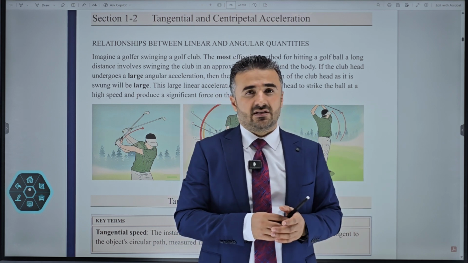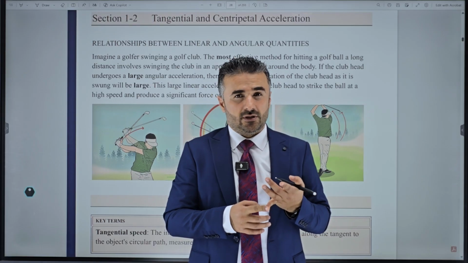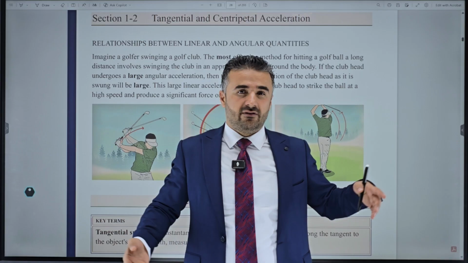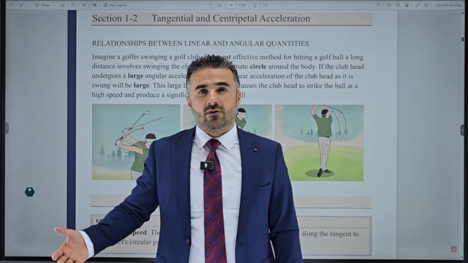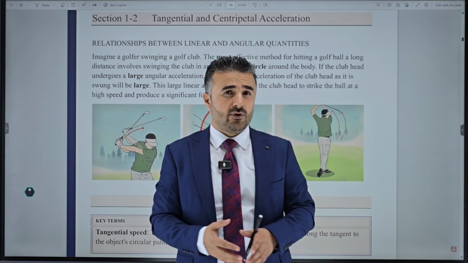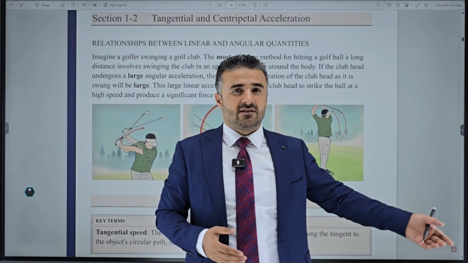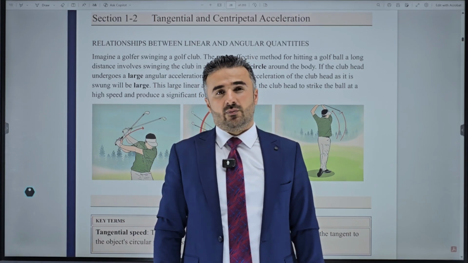Instead of displacement in linear or translational motion, we have angular displacement, which is delta theta. Instead of velocity, we had angular speed. Instead of acceleration, we had angular acceleration. And then, of course, we compared the 4 kinematic equations for translational, and then we did that for rotational, and then we started solving some questions.